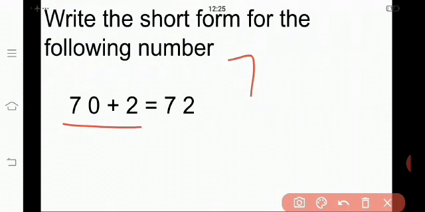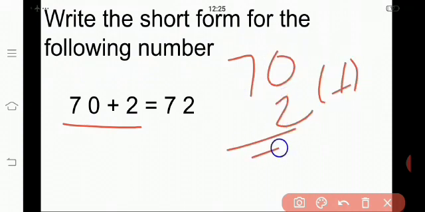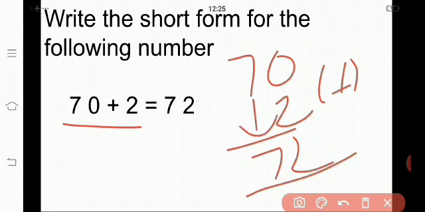If we add 70 plus 2, what we get? 72. 0 plus 2, 2 only will come. Then 7 as well as we write. So if we add the expanded form, we get the short form. So 70 plus 2, we got the 72.